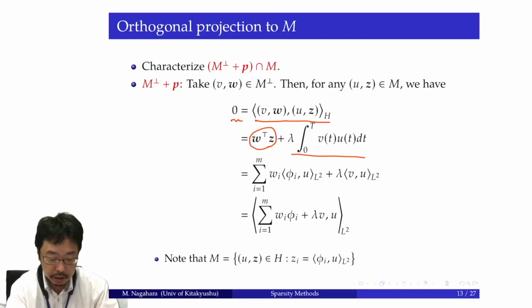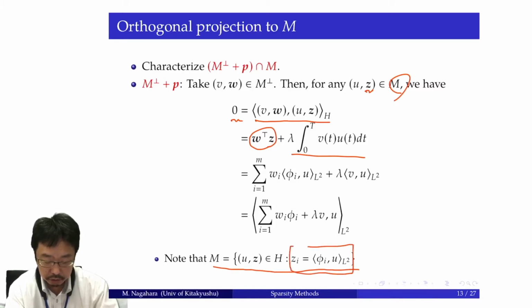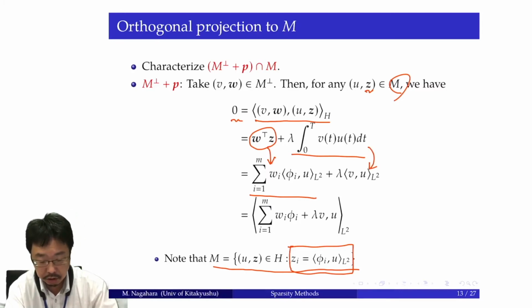Then, since z here is in M, by the definition of M, z is described by the inner product of phi i and u. So we have this expression for the inner product in Rm, and also the inner product of two functions in L2 is described by this. And finally, by using the linearity of the inner product, we have this expression.